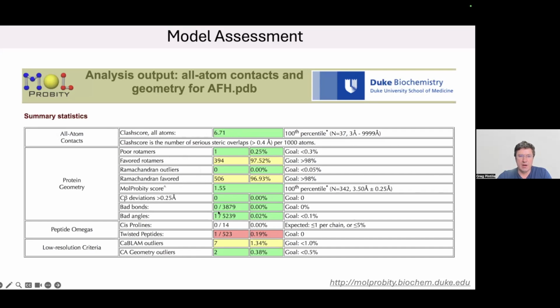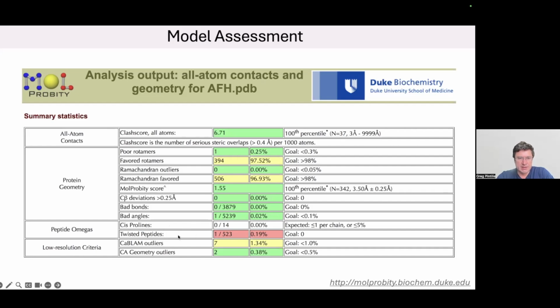So 0.1 is ideal. The goal is 0% for bad bonds because it's thought that atoms really like to be a certain distance away and not much further than that. The cis-prolines and twisted peptides refer to the omega angle. If they're far from 180 or 0, that's considered bad.